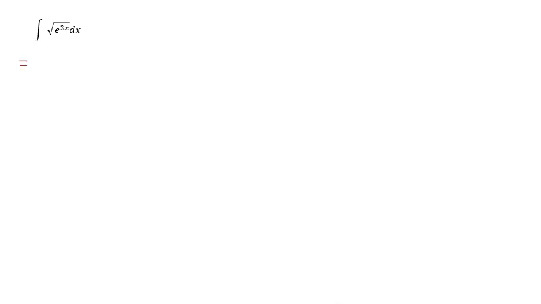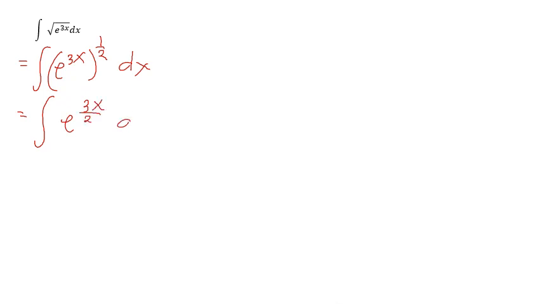So we will have the integration of e raised to 3x, raised to 1 half, because this is a square root, dx. Now apply the exponential rules. So we get the integration of e raised to 3x times 1 half, so we get 3 halves x, or 3x all over 2, dx.